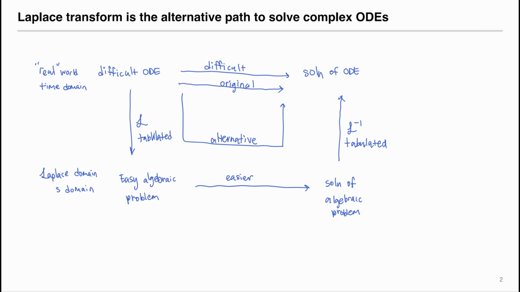And the algebraic part is a little bit convoluted because we want to write the expression in terms of tabulated inverse Laplace transforms. And usually we need to use partial fractions, which you have seen in previous videos.